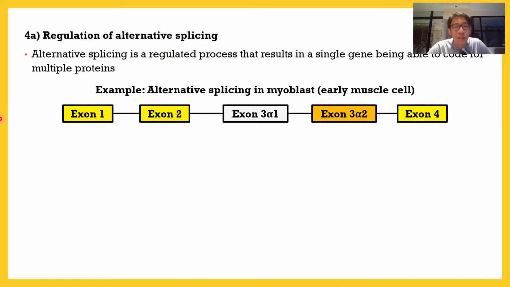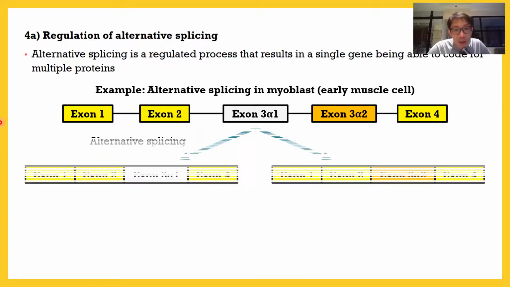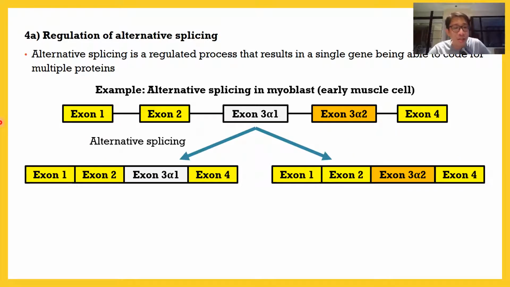In human cells, in the early myoblast or early muscle cell, in the gene coding for muscle production, there are 5 exons. But 2 of them are denoted 3 alpha 1 and 3 alpha 2. So we have exon 1, 2, 3 alpha 1, 3 alpha 2, and then exon 4. There are 2 ways this pre-mRNA with these 5 exons can be spliced. You either have exon 3 alpha 1 without 3 alpha 2, or vice versa.